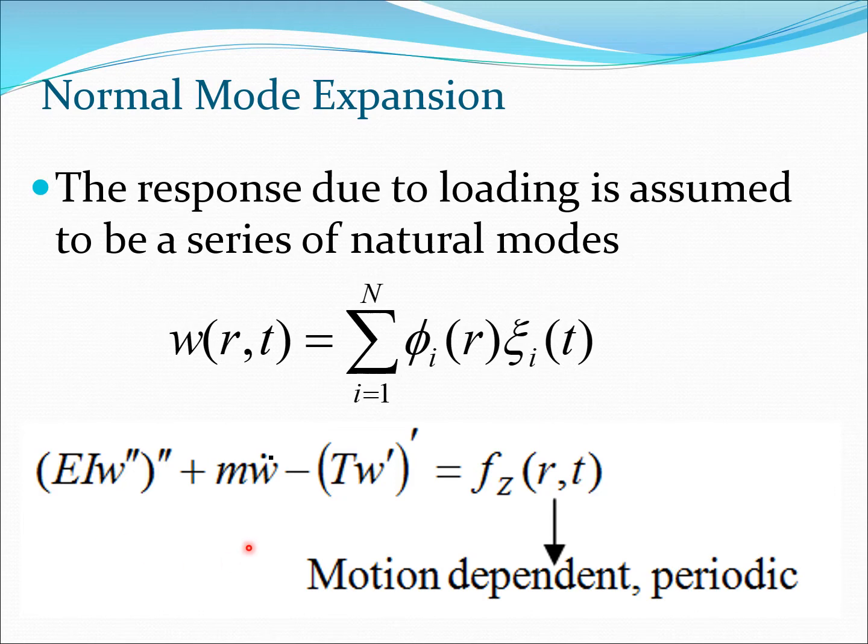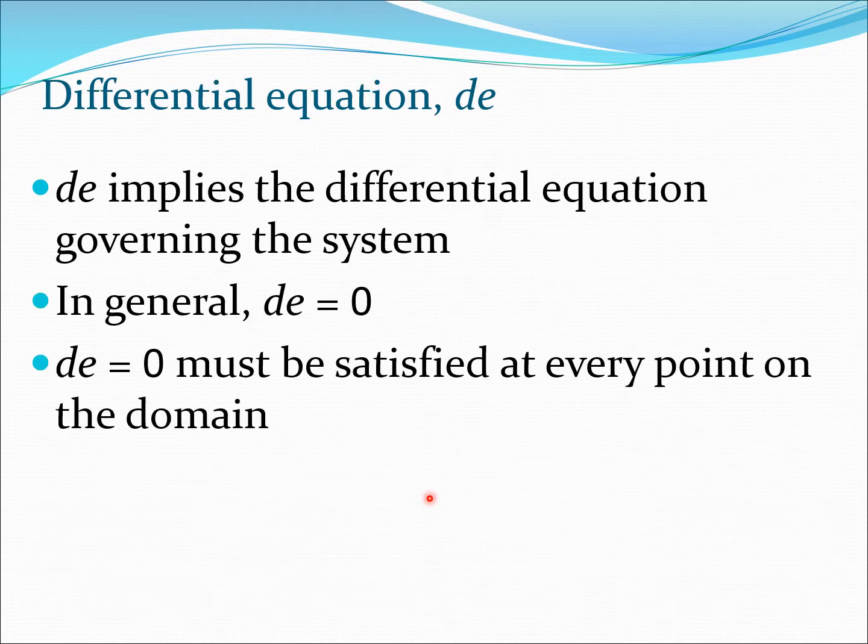So now go back to our equation here. This is flexural stiffness. This is the inertia component. This is the centrifugal stiffening. And now we are looking at the force. So this is typically motion dependent and periodic. So now let's take a step back, and we already know we cannot solve this differential equation using any simple method. So in general, if you have a differential equation that is expressed as D(E) equal to 0 in mathematics books and so on, one of the things this equation tells you is that D(E) equals 0 must be satisfied at every point on the domain, that it should be satisfied at all values of r and t.